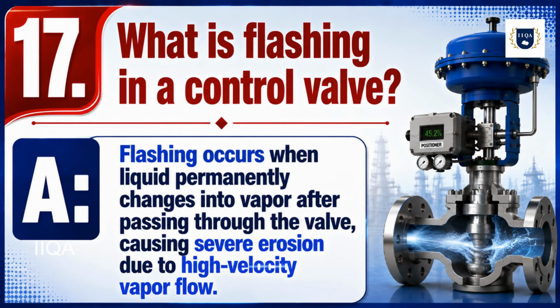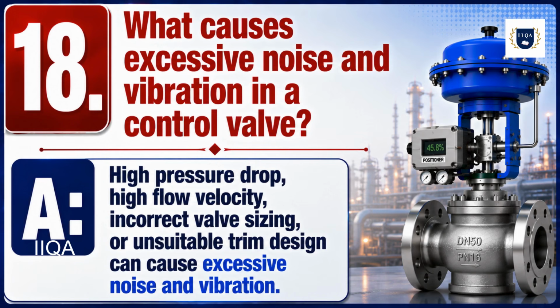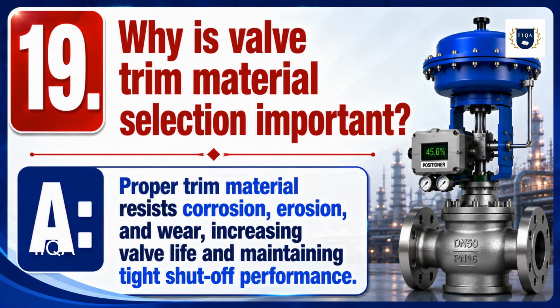Flashing occurs when liquid permanently changes into vapor after passing through the valve, causing severe erosion due to high-velocity vapor flow. 18. What causes excessive noise and vibration in a control valve? High pressure drop, high flow velocity, incorrect valve sizing, or unsuitable trim design can cause excessive noise and vibration.